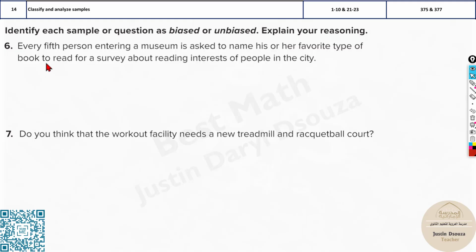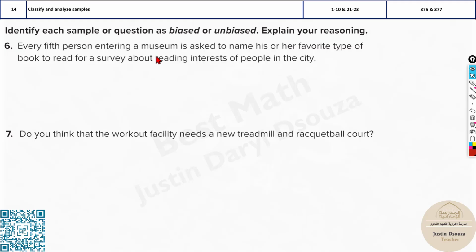Now here, every 5th person entering a museum is asked to name his or her favorite type of book to read for a survey about reading interests of the people in the city. Now here it looks very unbiased, but they are just asking every 5th person entering a museum. Now, who are the people generally going to museum? They might have a liking, similar common things.